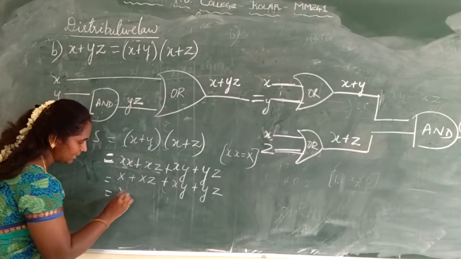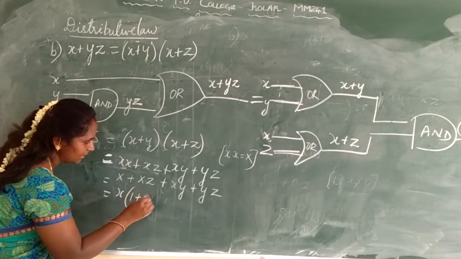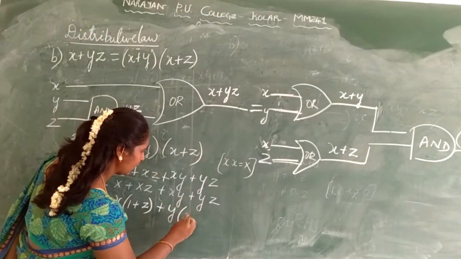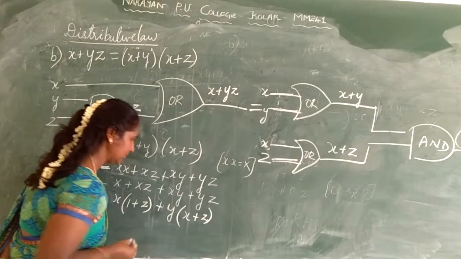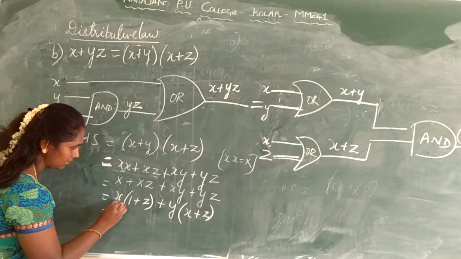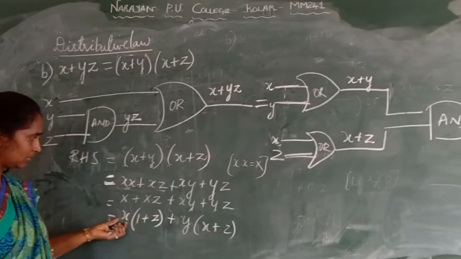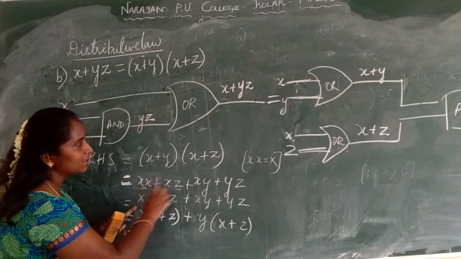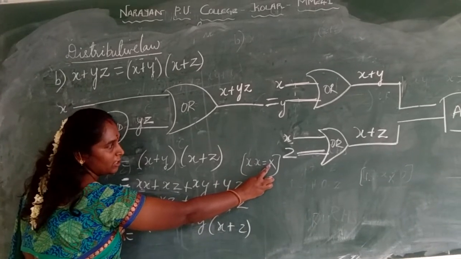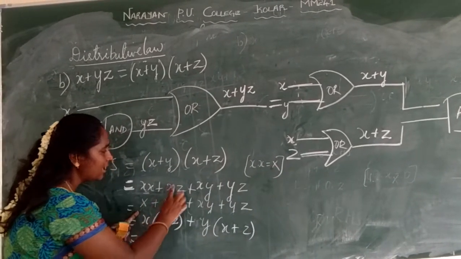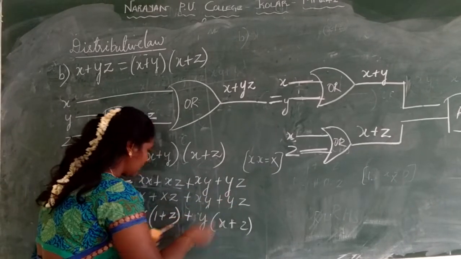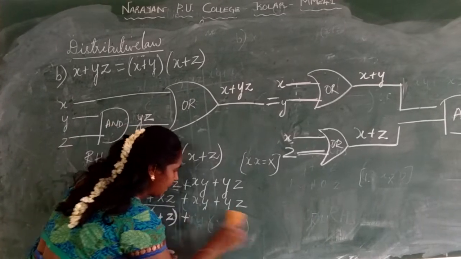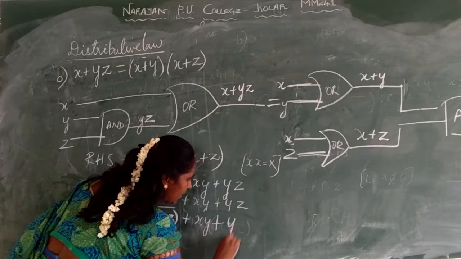Here I am taking x as common, so 1 plus z, and the remaining xy plus yz is written as it is.